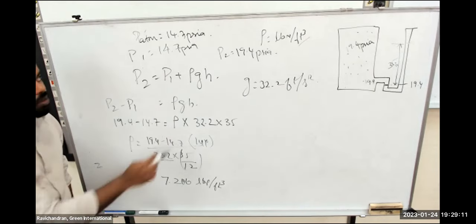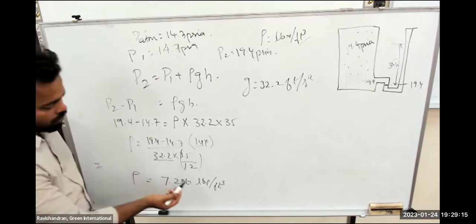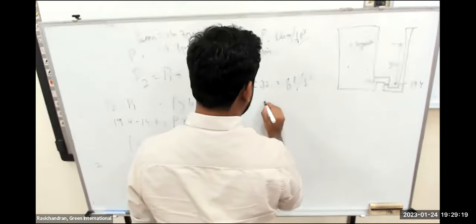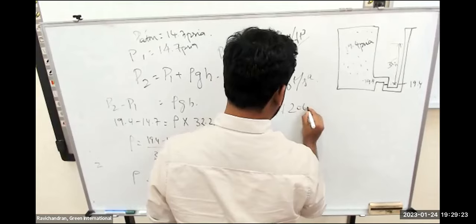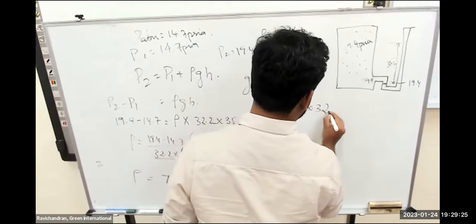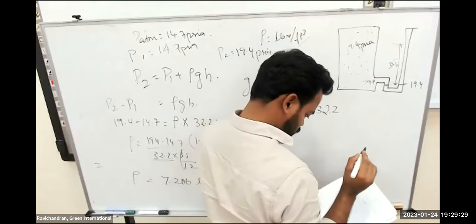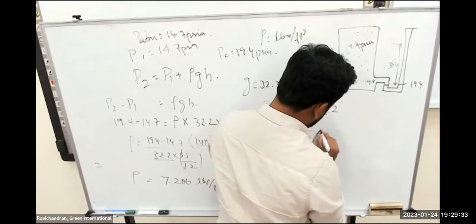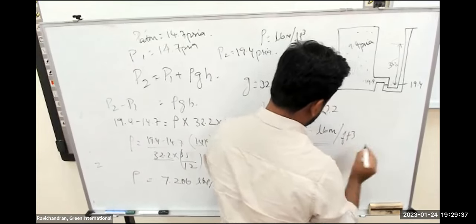It's a pound force and it's a pound mass. You will get the answer in pound force. So converting this into pound mass, 7.206, you have to multiply with 32.2. So it will be 232 pound mass per cubic feet.